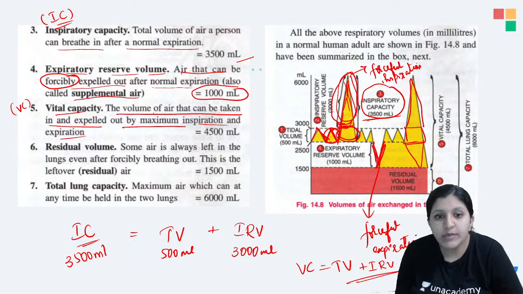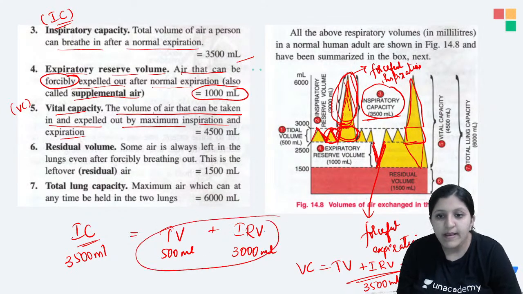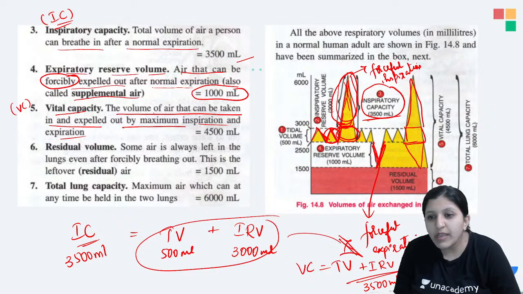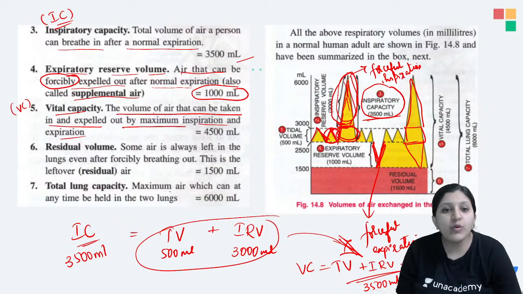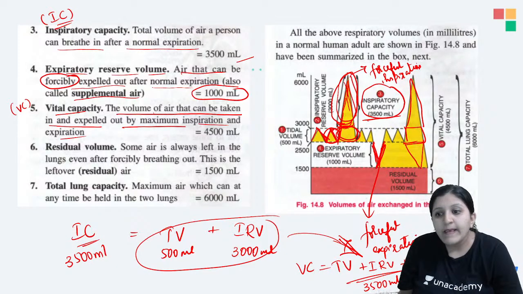So TV plus IRV, that is inspiratory capacity, gives us about 3500 ml. And ERV is how much? It is 1000 ml.